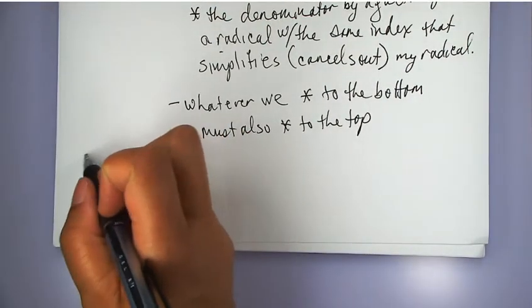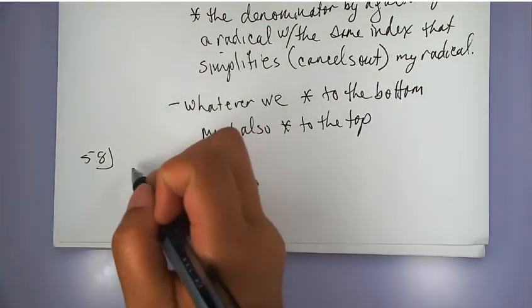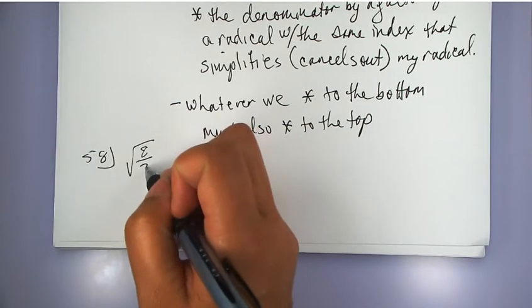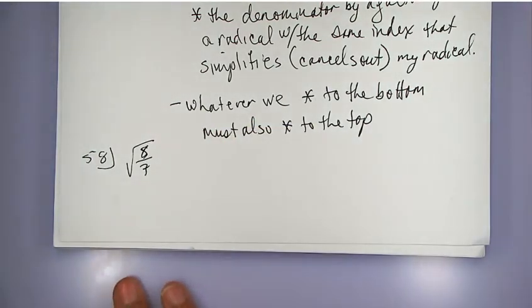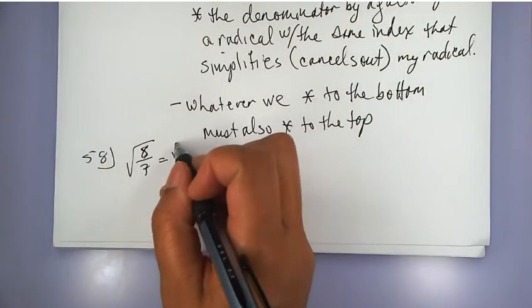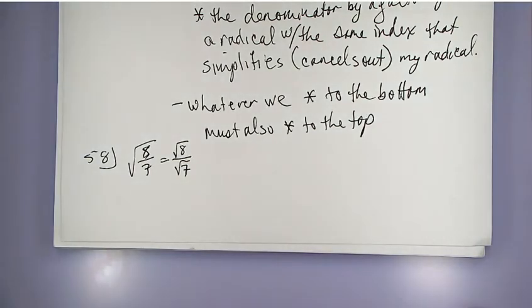If I multiply this by another square root of 7, then doesn't this bottom now become just 7? And remembering that whatever I do to the bottom, I have to do to the top, I end up with square root of 56 on the top. So we're multiplying top and bottom by square root of 7.